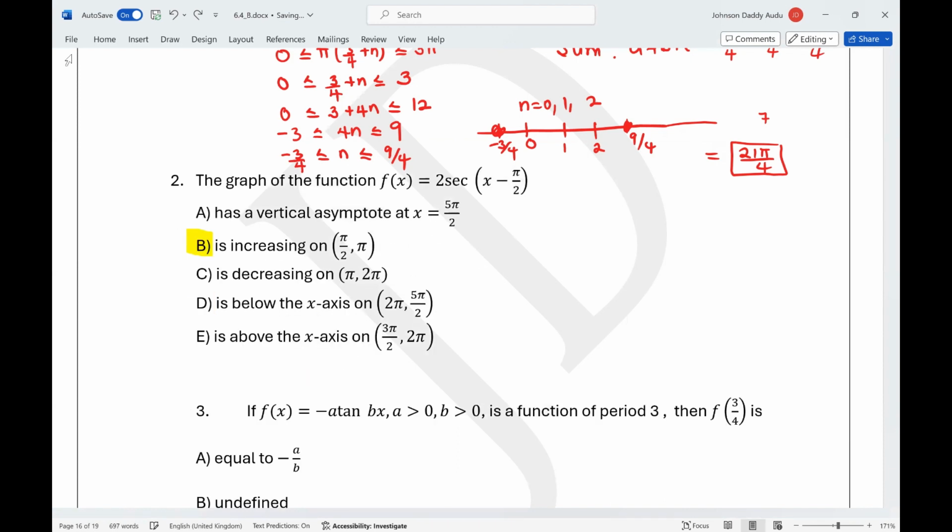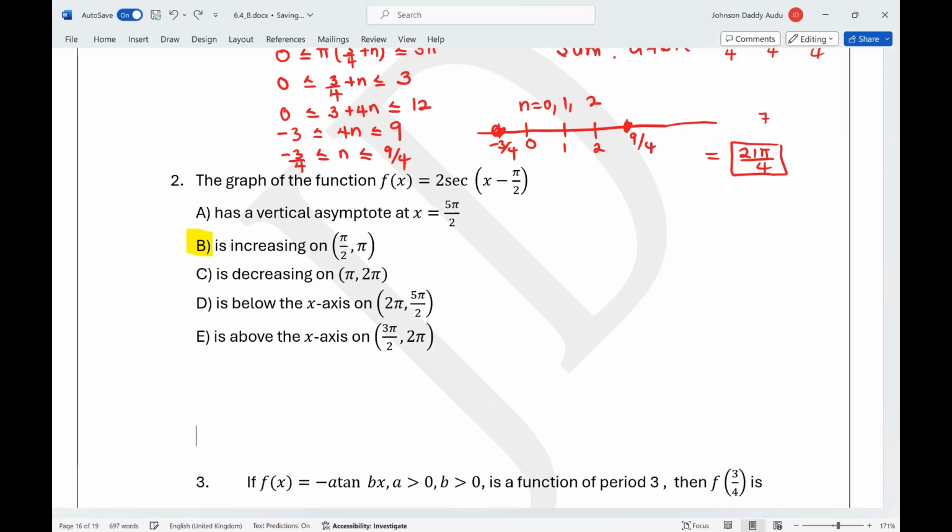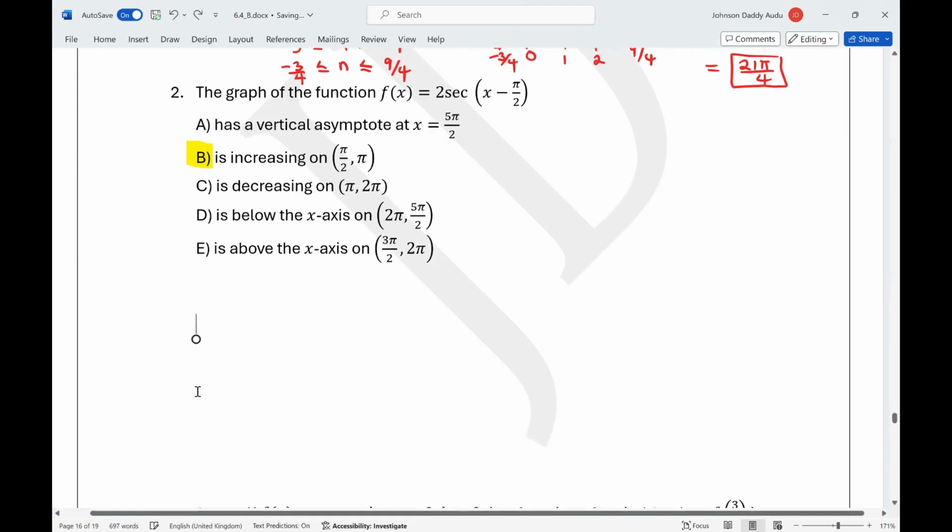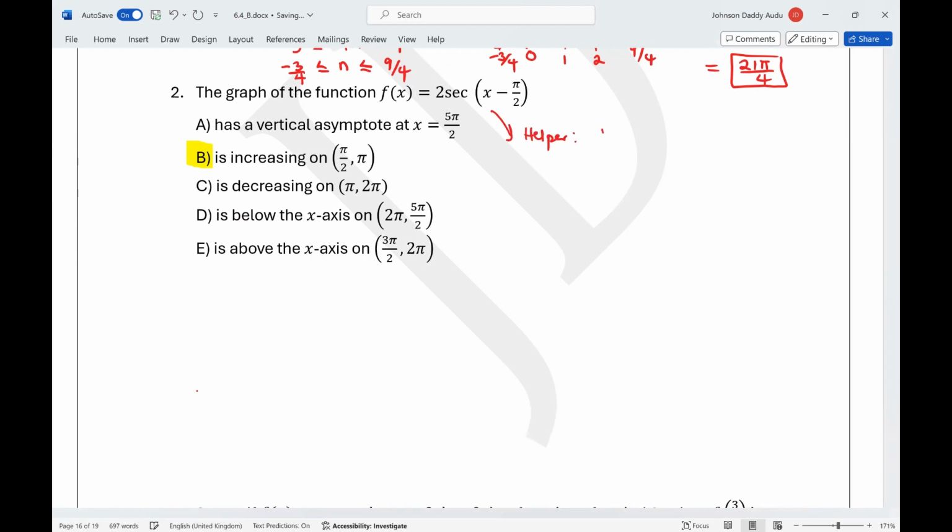Now, to graph this one, what can we do? We just need to find our period, because this is the graph of sec. So we will go with the helper. I mean, we need to just graph 2 cosine of x minus pi over 2.